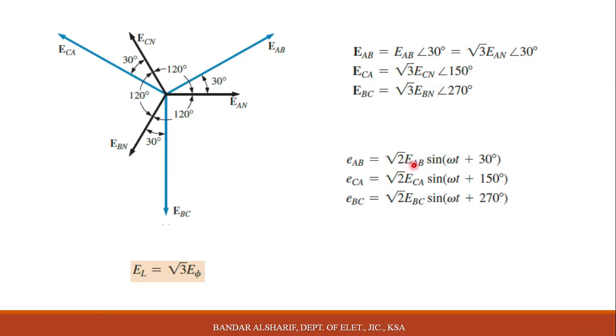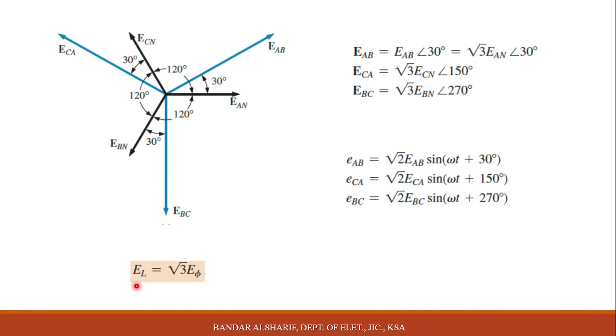If you multiply the phasor form by root 2, you will get the peak value for the line value: root 2 EAB sine omega t plus 30, since here it's written 30. Root 2 multiplied by ECA sine omega t plus 150, and here plus 270.